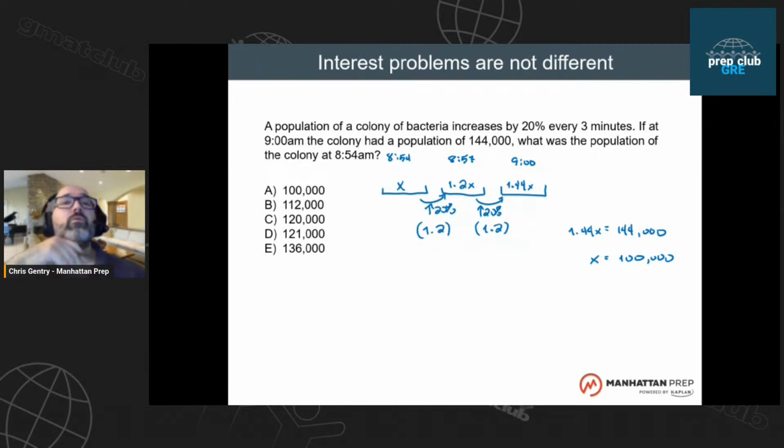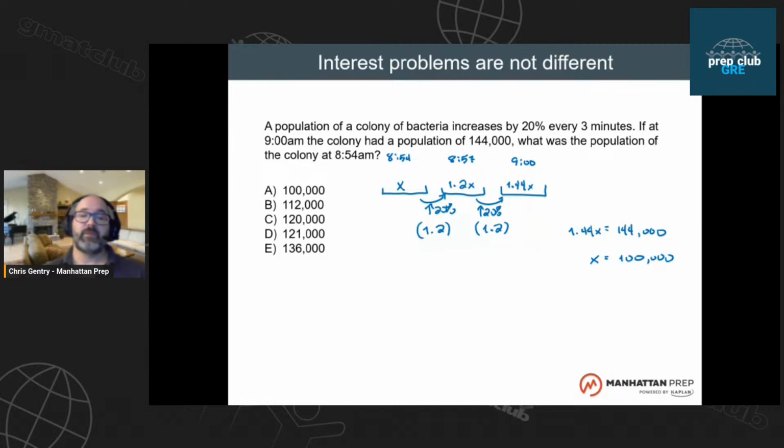Why is it 1.2 for both? It is 1.2 for both because it is a 20% that gets increased in stages. And so at each stage, you are doing another percent increase on a new value. Your 20% in a decimal conversion is 0.2.